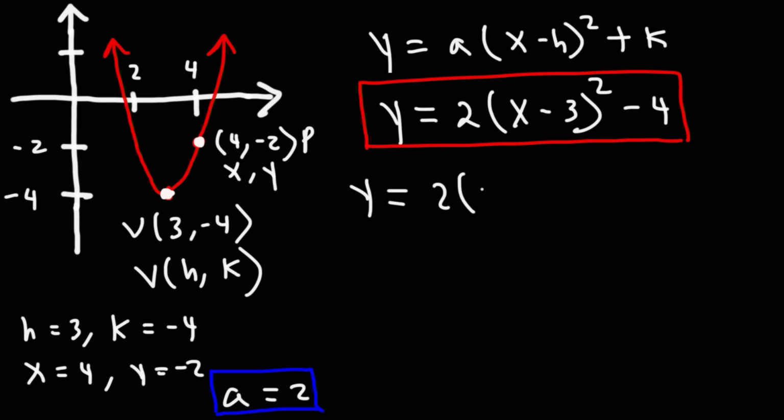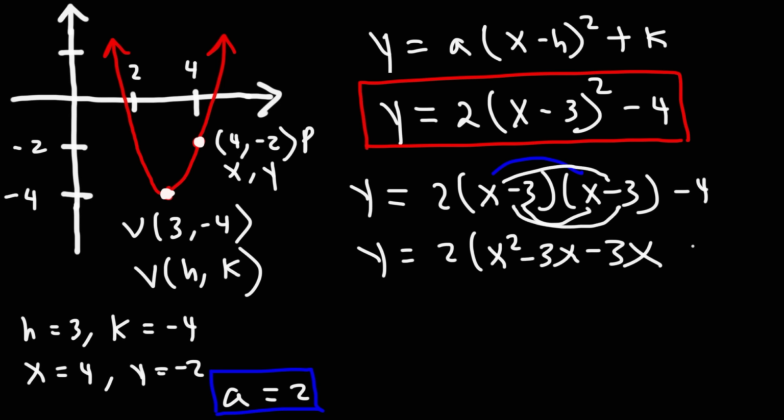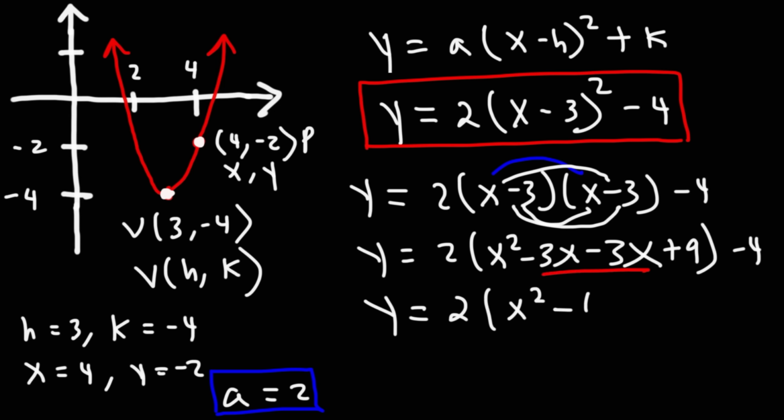So (x - 3) squared, we can write that twice. Now let's FOIL. So we have x times x, which is x squared. This is going to be -3x, -3x, and -3 times -3 is +9. And then we could combine like terms. -3x minus 3x is -6x.